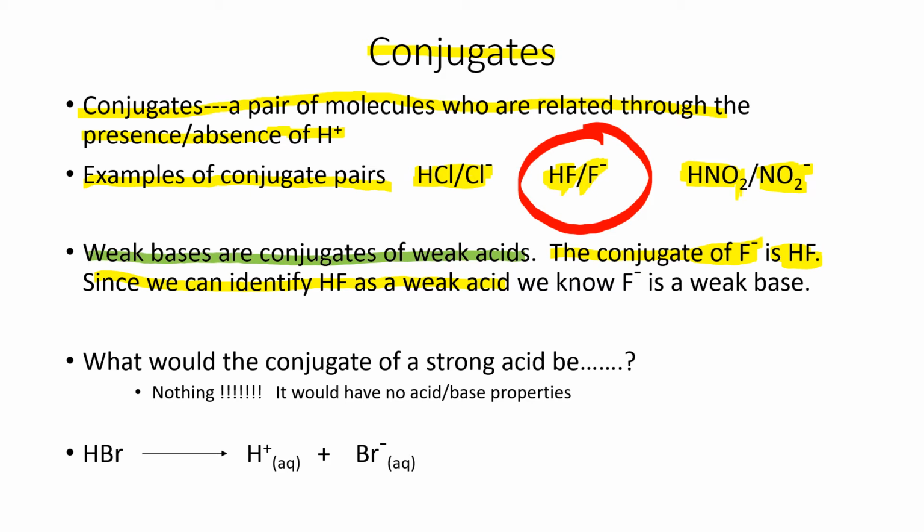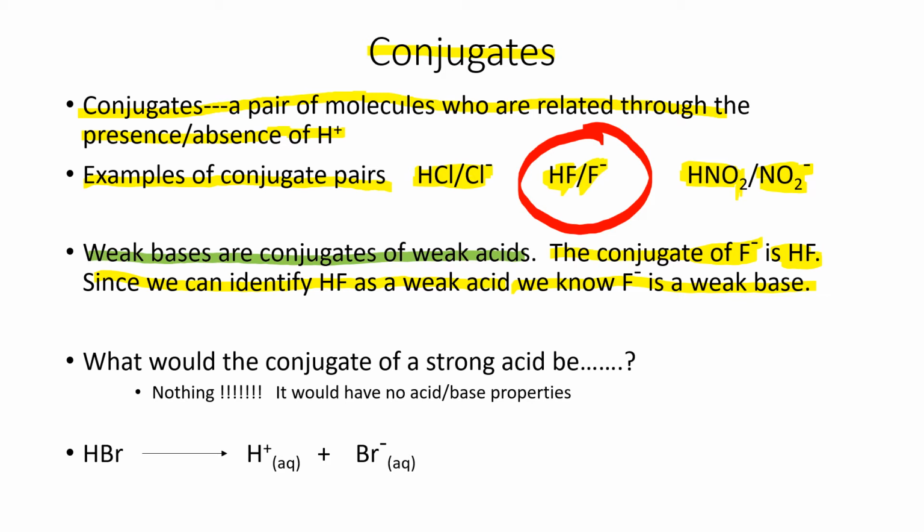Now, through its relationship to F minus, them being conjugates, since we can identify HF as a weak acid, we know F minus is going to be a weak base. The conjugate of a weak acid will be a weak base. And that's the technique you're going to use to identify these weak bases.